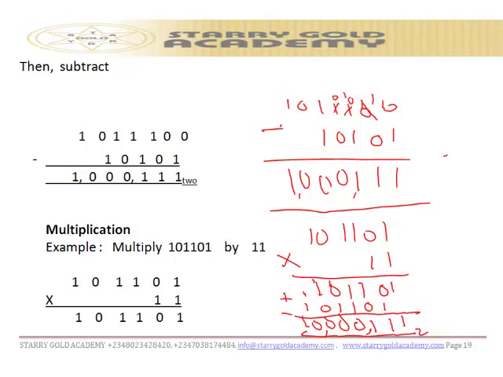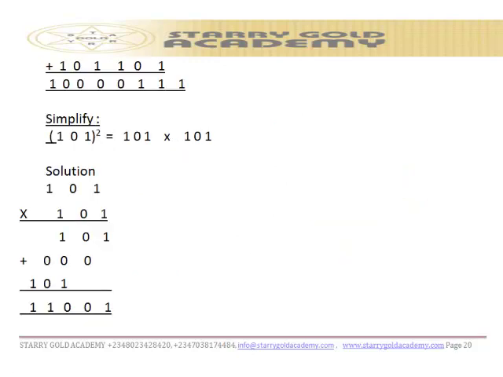That way it will save you stress. Convert 101101 to base 10, convert 11 to base 10, multiply your base 10 answers, then convert the result back to base 2. Although the process is long, it's also credible, reliable, and sure.